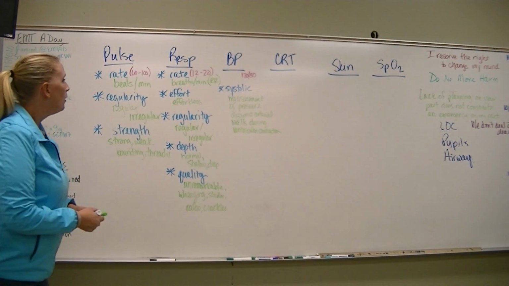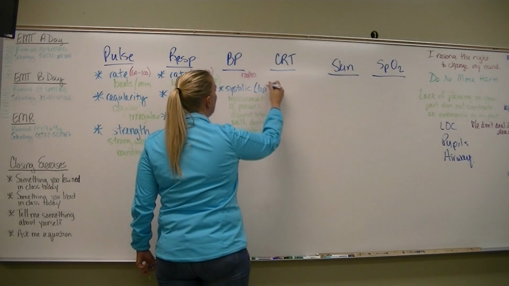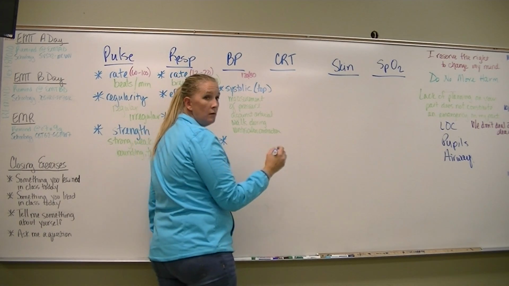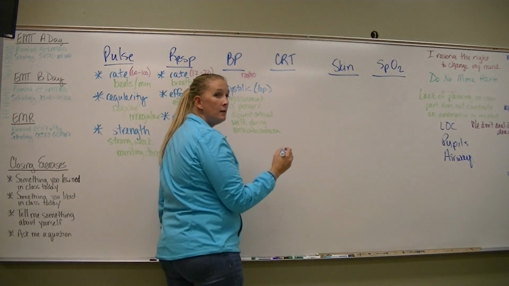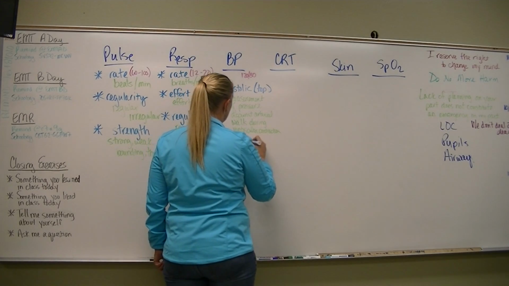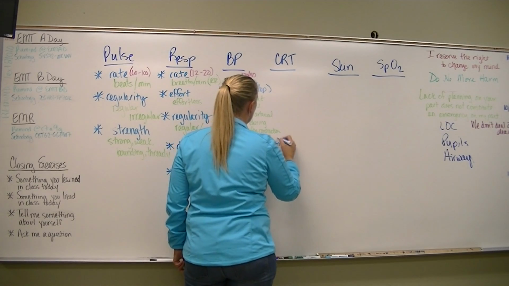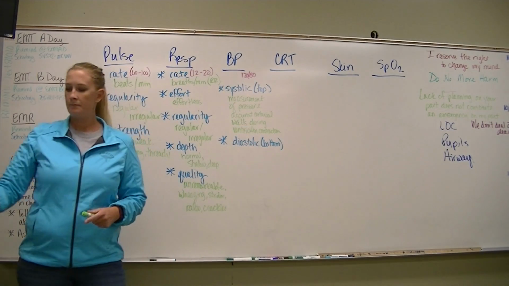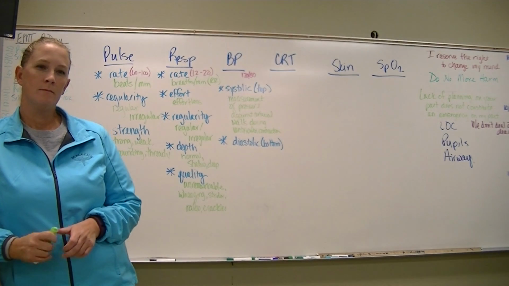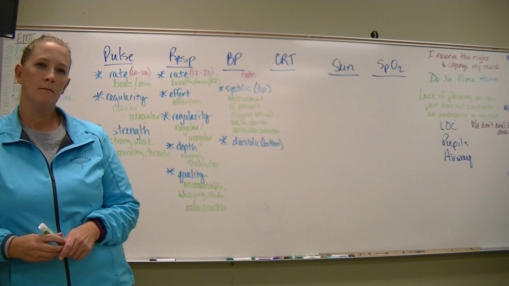If the top number is systolic, what is the bottom number? Diastolic. And what is that a measurement of? I know when you take blood pressure, you don't hear it anymore.